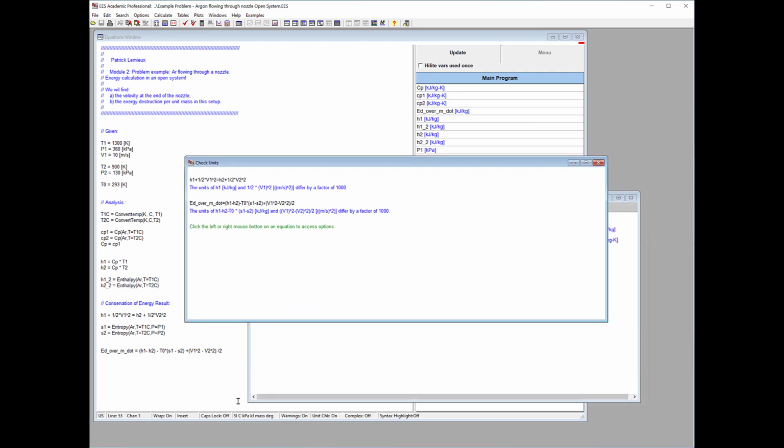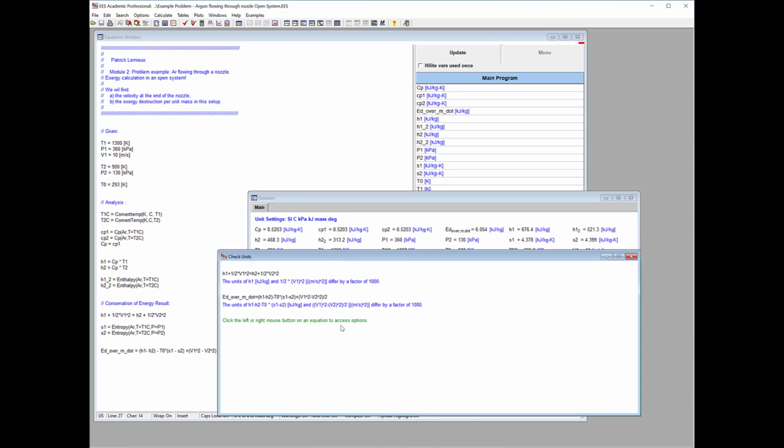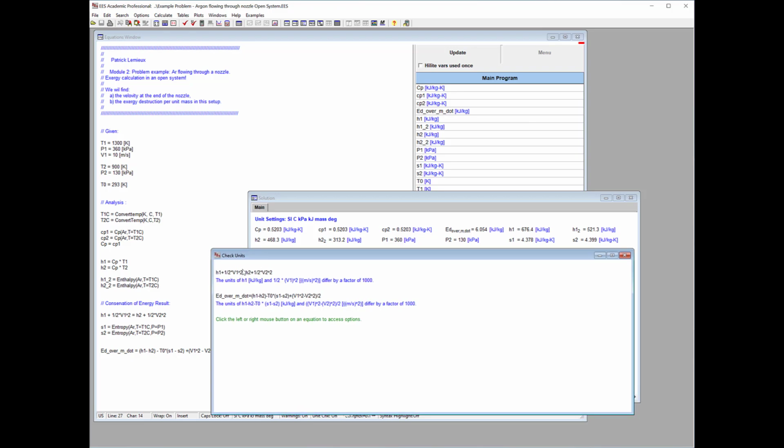So, our unit system is in SI units with kilojoules as the basic unit for energy, right? Well, the units of energy, of course, are going to be very key for calculation of enthalpy. So this enthalpy H1 right here is in kilojoules. But when you're multiplying meters per second together, squaring it, to find the kinetic energy term, you're going to get basically a value in joules.